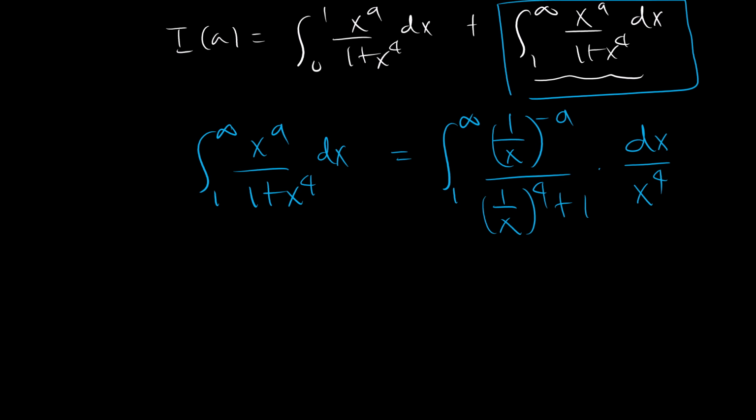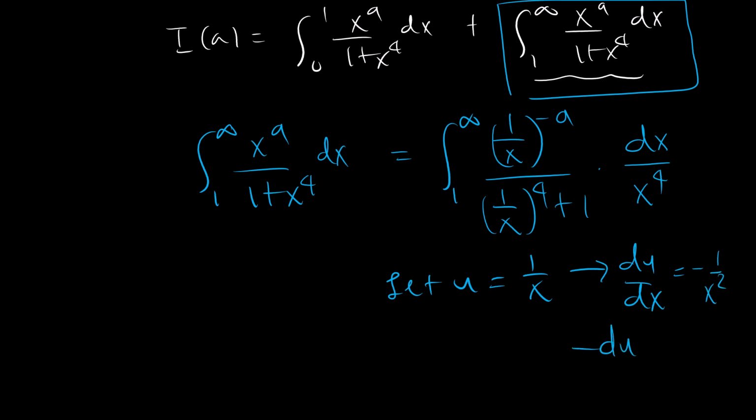And so we can say let u be equal to 1 over x, meaning that du dx is equal to negative 1 over x squared. And so negative du can be used to substitute for dx over x squared.